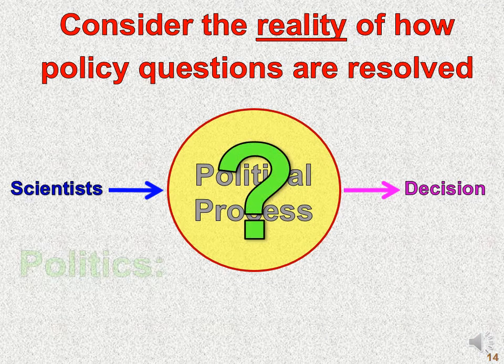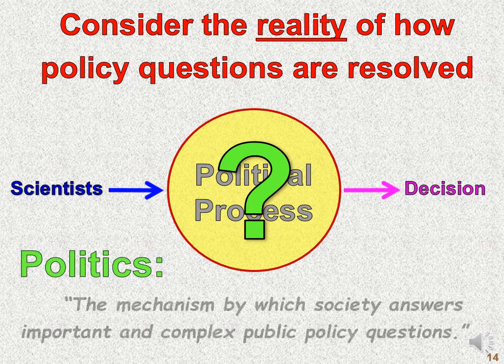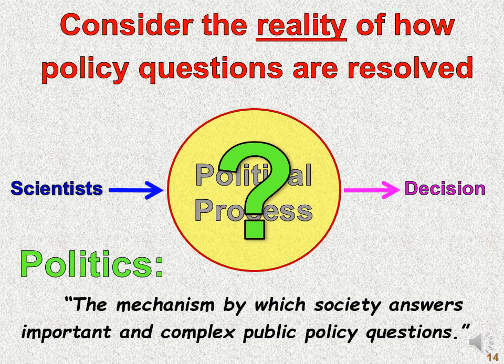Let's consider the reality of how these questions are asked. Sure, we have scientists producing information. Sure, we have a political process that chooses science along with every other input to the decision-making process, and somehow out pops a decision. And the decision may be to do nothing, or to maintain the status quo, or to change things. Even a, quote, non-decision is in reality a decision.